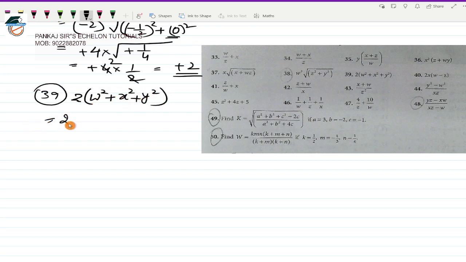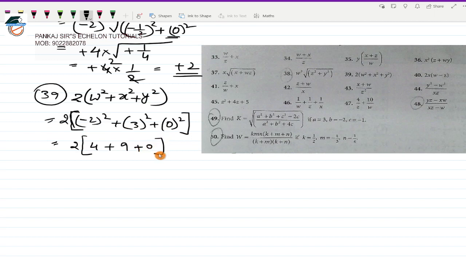This will work out to 2 times, now w is how much? w is minus 2, so minus 2 square, plus x is 3, so 3 square, plus y is 0, so 0 square. This will be equal to 2 times the bracket: minus 2 square will be plus 4, 3 square will be 9, and 0 square will be 0. So I'll write just a 0 over here.